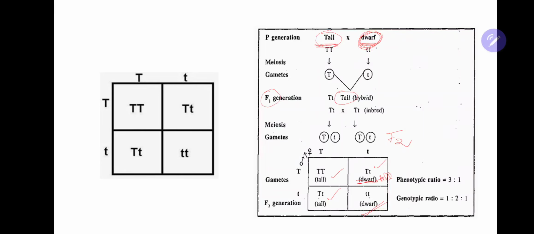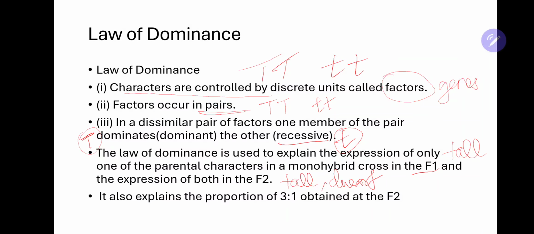So that is what Mendel discussed: in the law of dominance, in the F1 generation only the tall character was expressed, and in the F2 generation both the characters were expressed. It also explains the phenotypic ratio as 3:1, and in the F2 generation the genotypic ratio as 1:2:1.